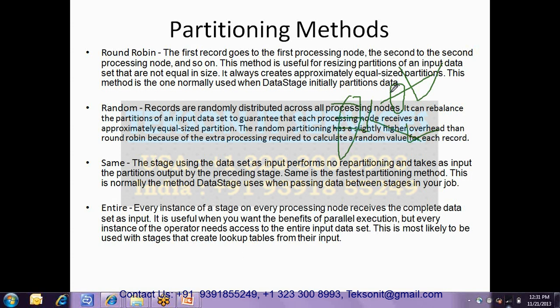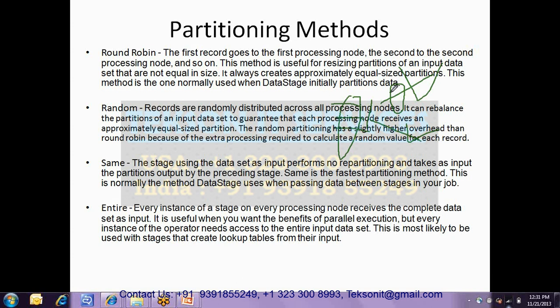Then the lookup can be successful. If I don't use entire partitioning, then what would happen? Will it give the correct answer when you use entire partition? I think it should give the correct answer.